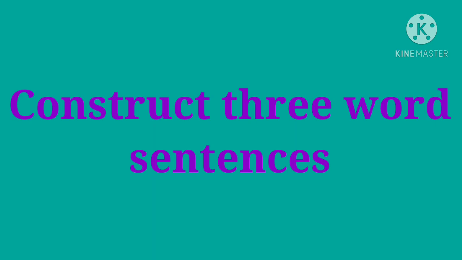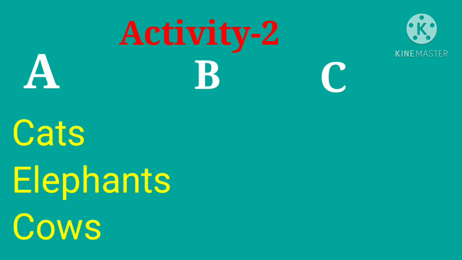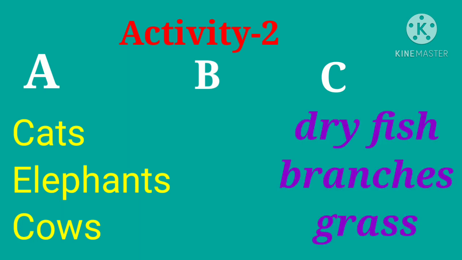You see, here are three columns, column A, column B, column C. In column A, you see three animals, cats, elephants, and cows. In column C, you see dry fish, branches, grass. So in column B, you think of and write a word. Using that word, you can easily make a sentence.